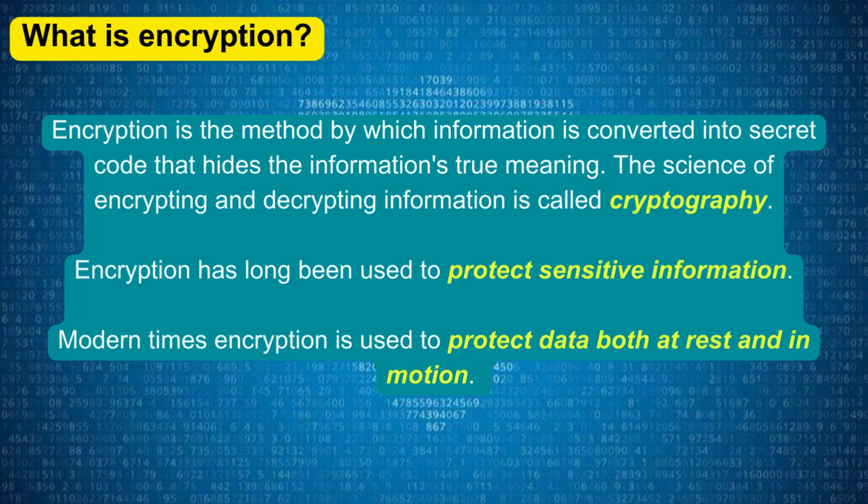Data in motion is anything to do with data being moved or transmitted between two or more electronic devices over networks. For example, a password being transmitted from your browser to your bank's online banking server for verification is data in motion.